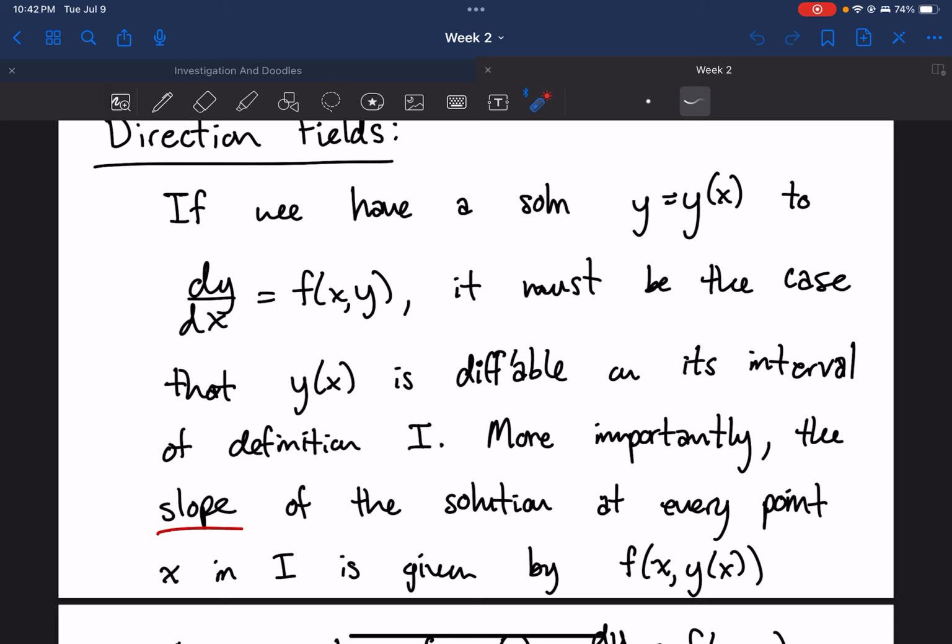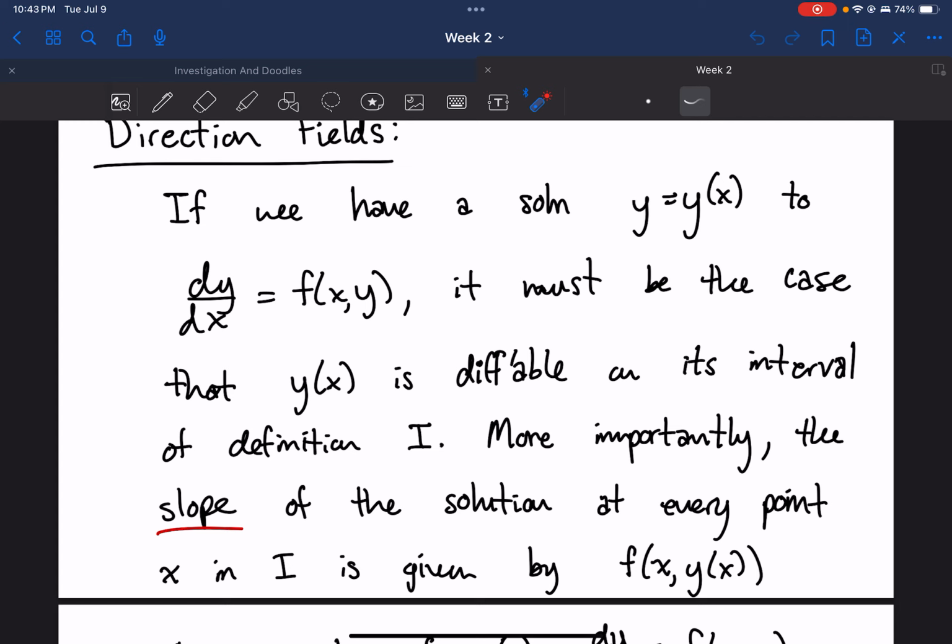So while we might not be able to find a solution y, we can say what the slope of this solution is at every point, because it's given by this function. So f of x and y is the slope of y of x at all points x, y. It'll make more sense when we draw it out.